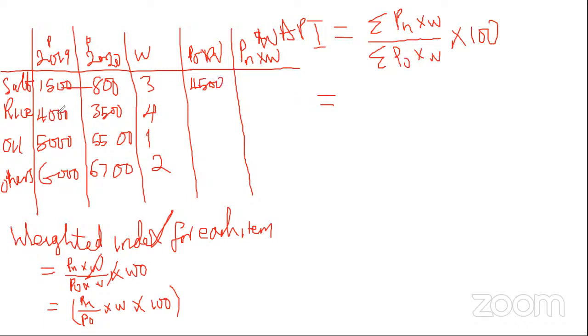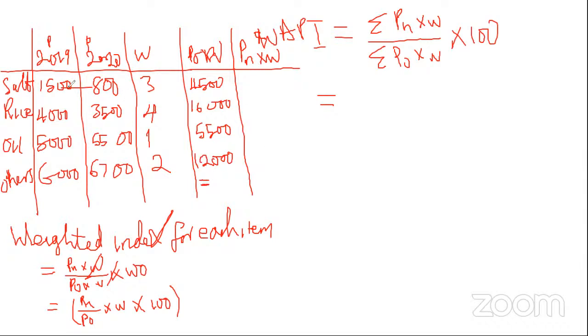So you get this times 3, which would give us 40,500. This times this would give us 16,000. This times this would give us the same value. Then this times this would give us 12, such that at the end you add and have it here.